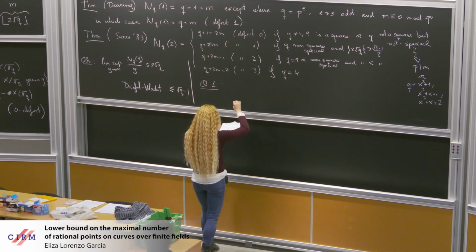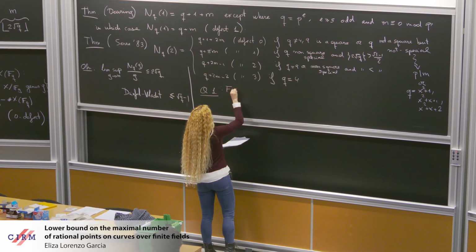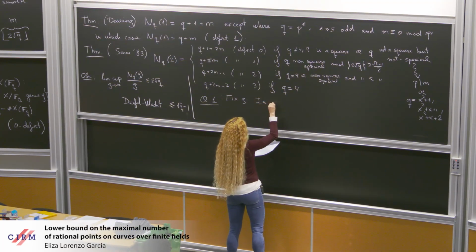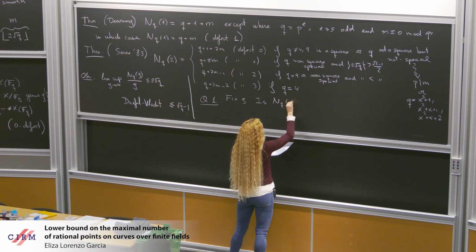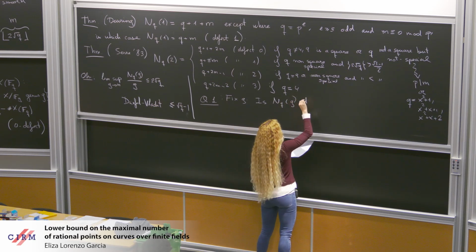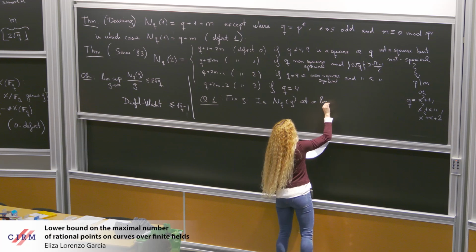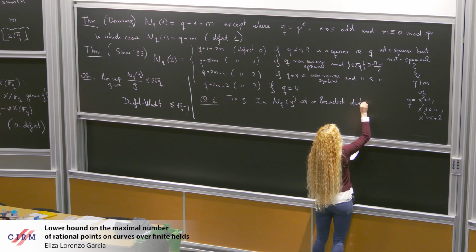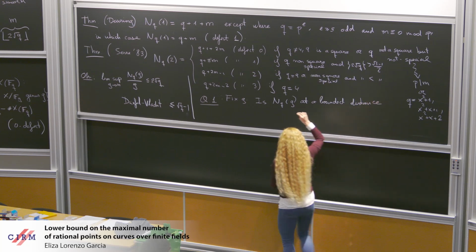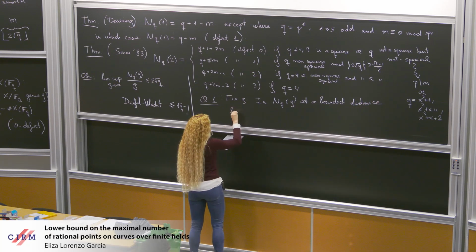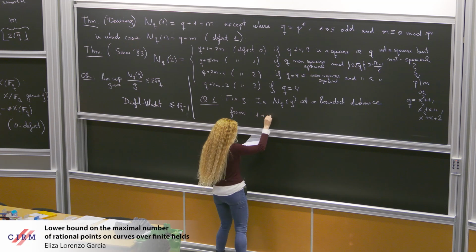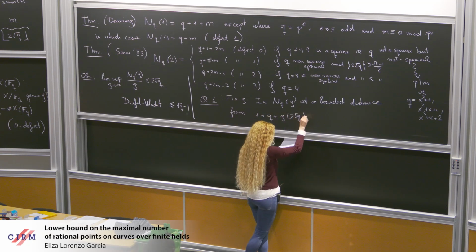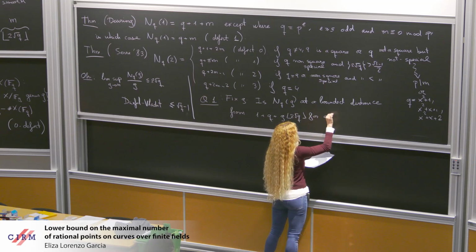Question 1: fix the genus g. Is N_q(g) at a bounded distance from the Hasse-Weil bound for all q?